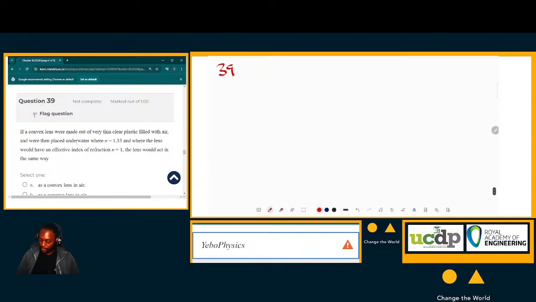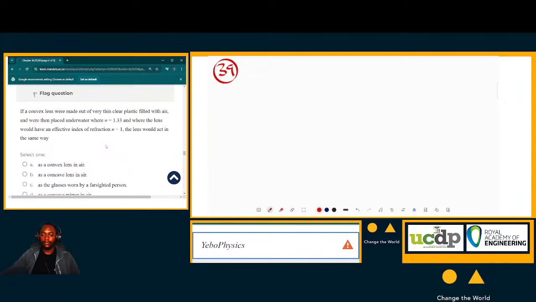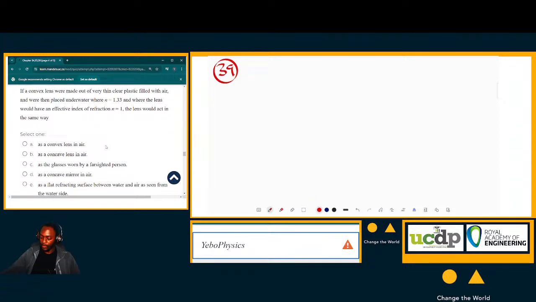Question 39. Question 39 reads, a convex lens were made of very thin clear plastic filled with air and were then placed underwater where n is equal to 1.33, and where the lens would have an effective refractive index of 1.